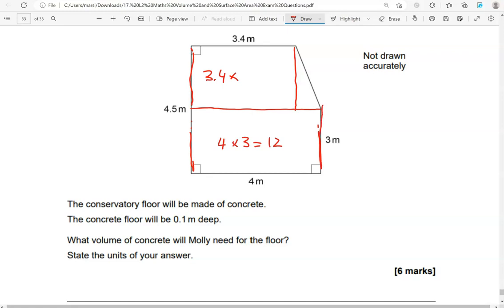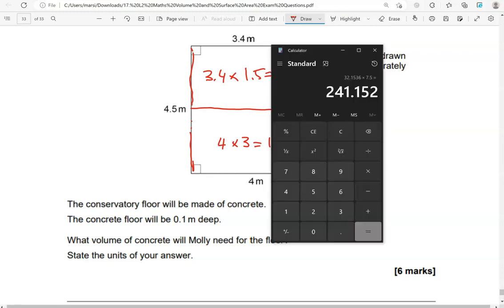So that will give me 1.5. So 3.4 times 1.5 gives us the area for that rectangle, which is 5.1.